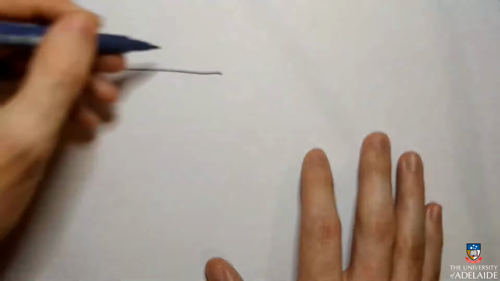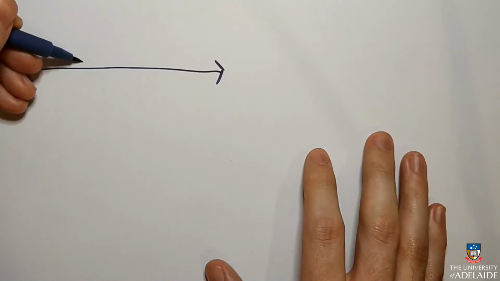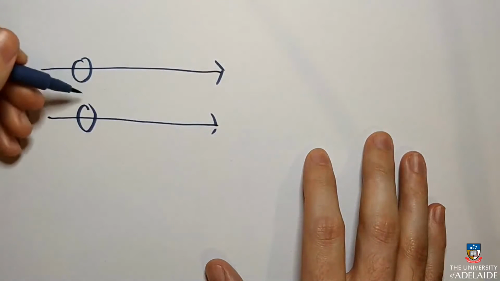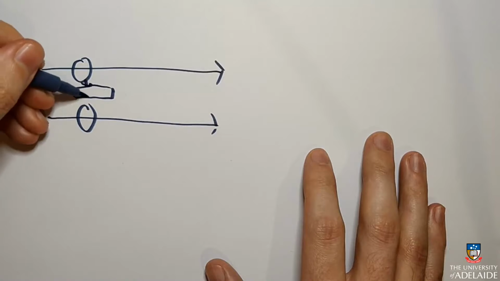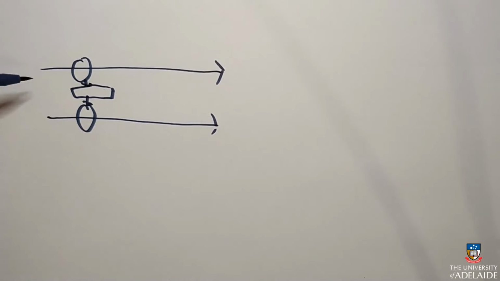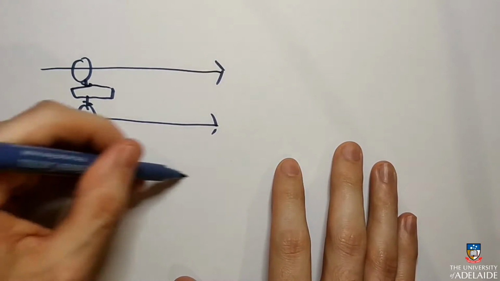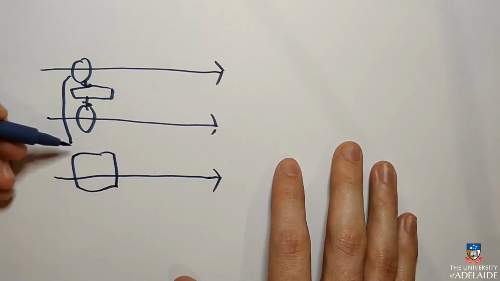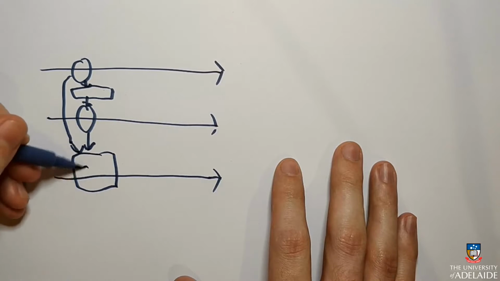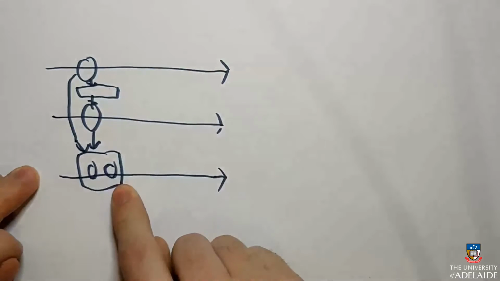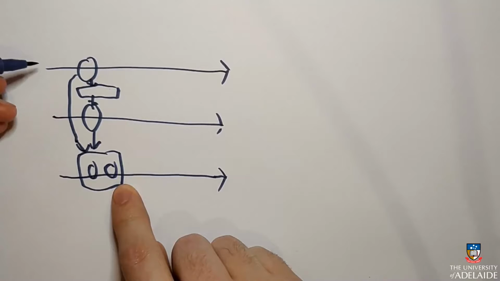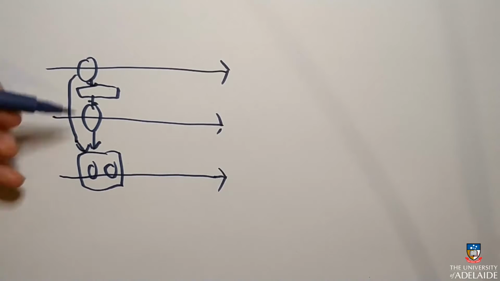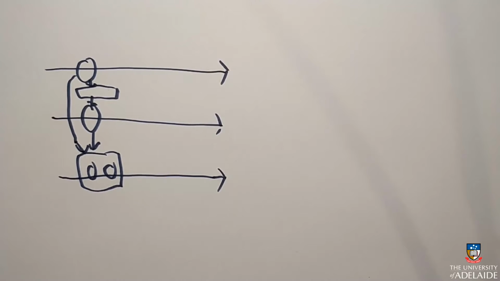So I have one input stream like so, and an output stream, and I've got a map operation that links these two together, and then I have a third output stream that is taking the combination of this one, and putting them together. So it's one event that gets propagated to multiple streams, and then those two streams are then combined with a merge operation. That's what we're looking at there.